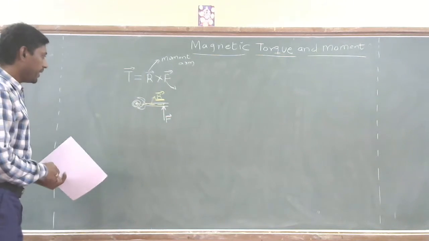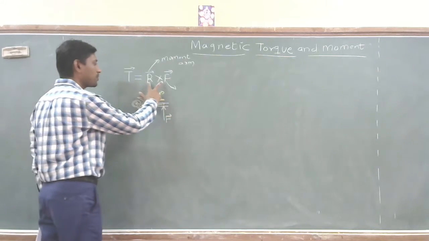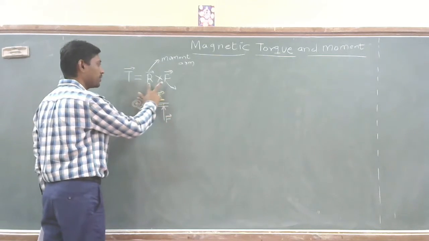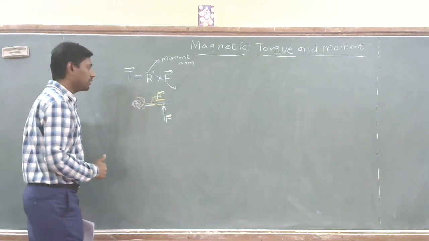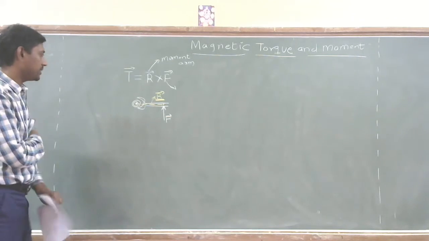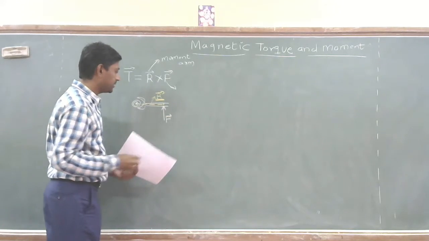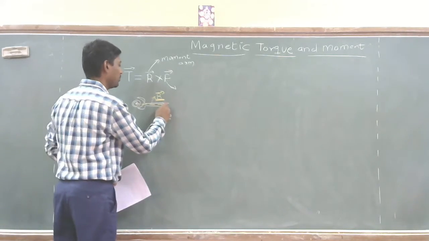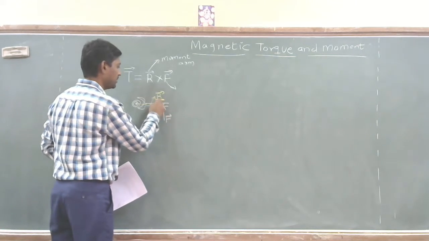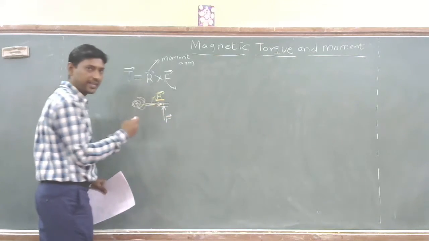We know that the torque is given as a cross product of R and F. As I said, it is a vector, and the direction of the torque will be the cross product of R and F. You could see this is the R joining the fixed point to the point where we are applying the force.